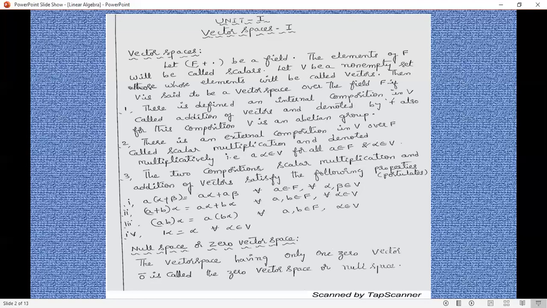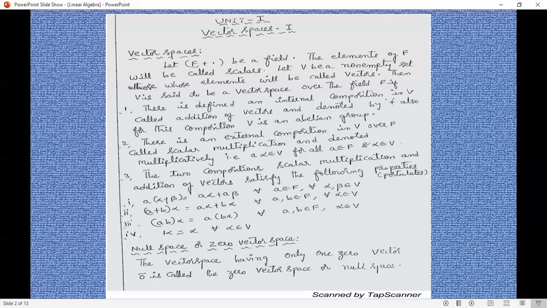Listen carefully. In a vector space we are using one field, (F, +, ·). The elements in the field are scalars and the remaining elements in V are vectors. We say that V is a vector space over F if V is an abelian group with respect to the operation plus.